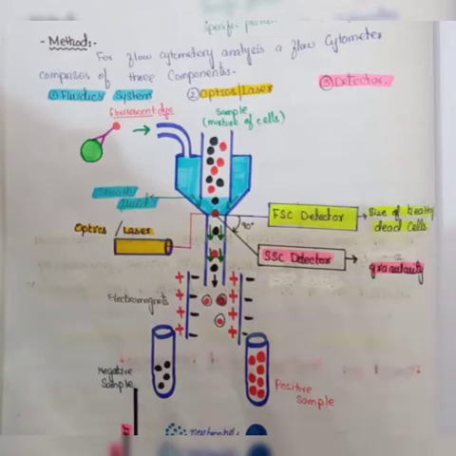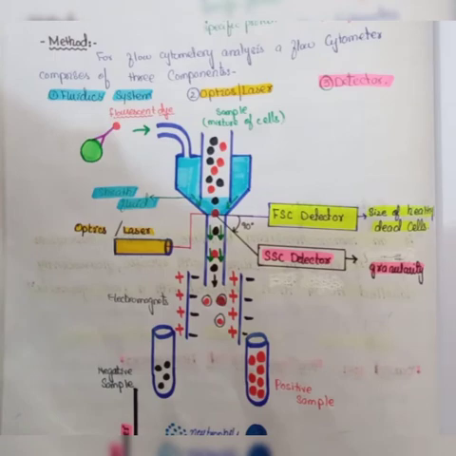That's why we use the flow cell, because the cells run downward one by one. When the cells run downward one by one, they pass through the laser light. Then this laser light releases light, and this light is detected by detectors. That's how much light is scattering, how much light is less scattering, or how much light is more scattering.